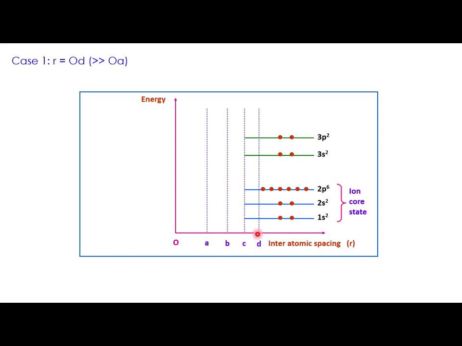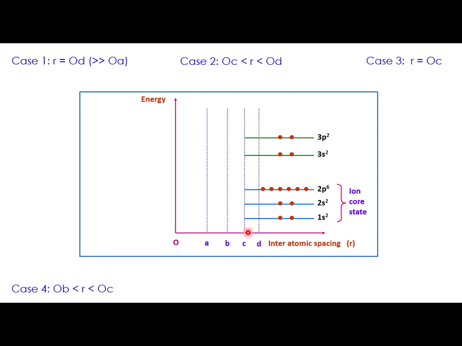Second case, when R is in between OC and OD, somewhere here, what is the situation? Then another scenario is R equal to exactly OC. When the interatomic separation is equal to OC, what will be the situation?